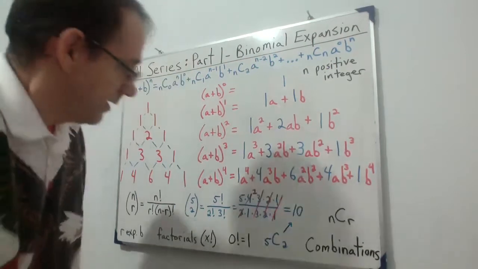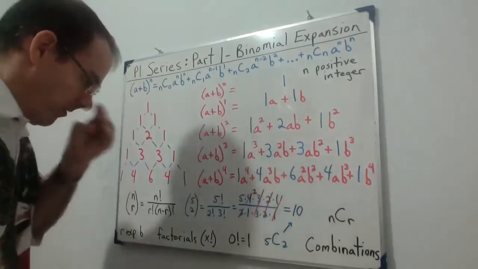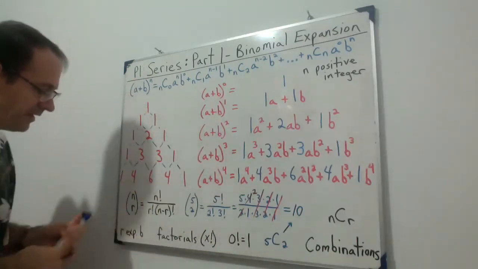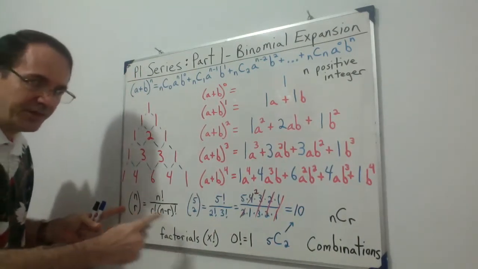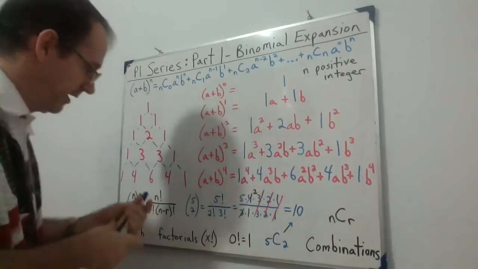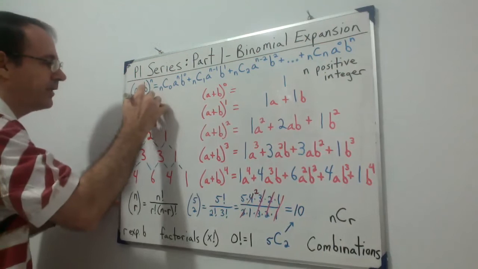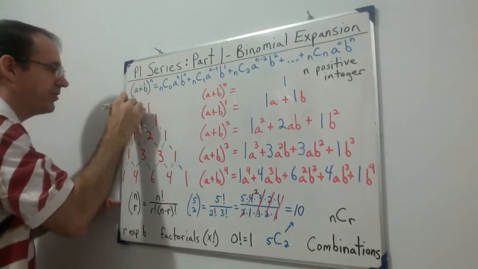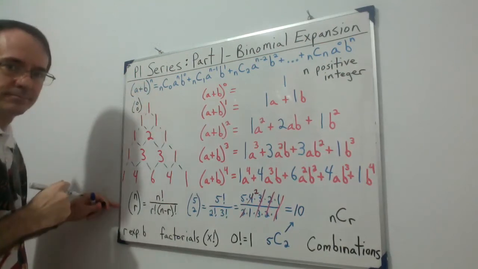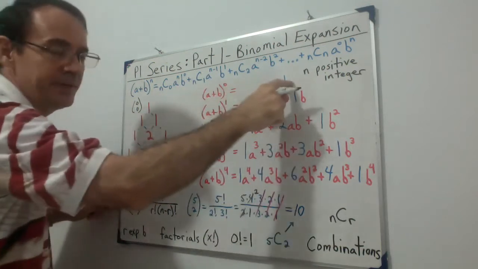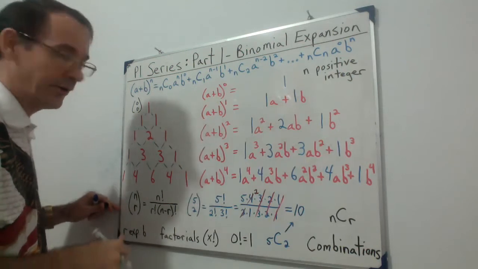Now, getting back to this, how does this fit here? Each of these numbers could be replaced with this notation or this notation. So for example, this 1 up here could be written as 0 over 0. Here's the 0 from the n, and the b is also an understood 0 exponent.